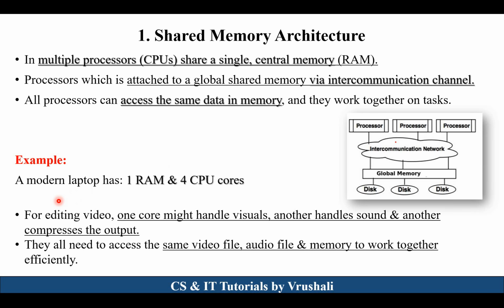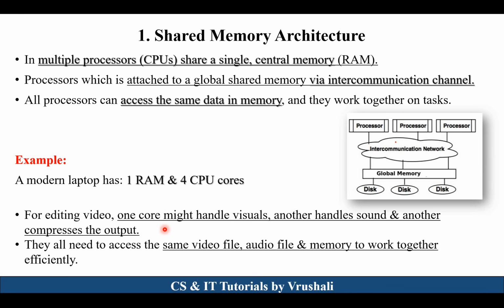Let's take an example. Nowadays, modern laptops have quad-core CPUs, octa-core CPUs, right? Suppose a particular laptop has a 4-core CPU. So assume that there are a total of 4 brains in the system. Suppose you want to edit a particular video. One core might handle the visuals of your video, another core handles the sound, and another core compresses the output, right?